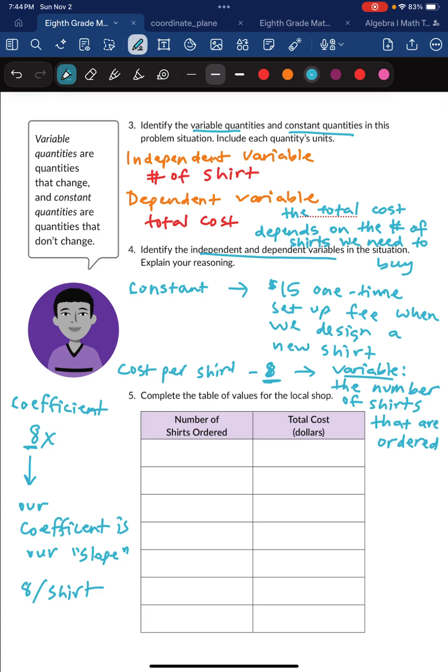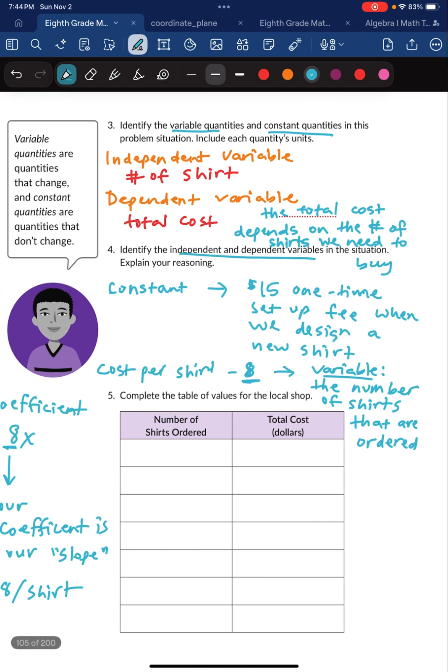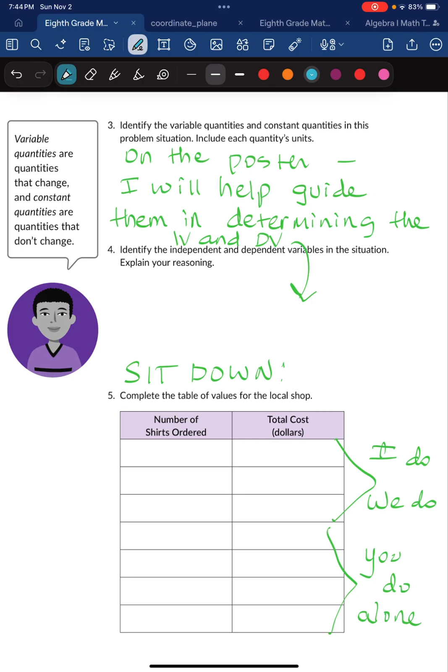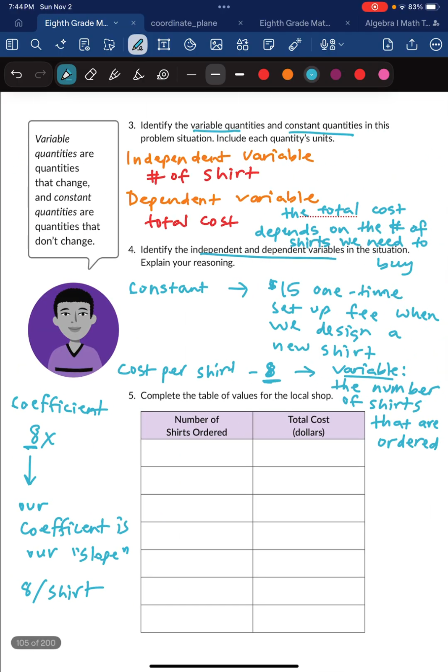Okay, so complete the table of values for the local shop. This doesn't really give us the number to go by, so we can just make up our own. Let me see what I did. We can just do whatever number we want. So let's say we order 2 shirts, 5 shirts, 10 shirts, 20 shirts, 50, 100, and 200.